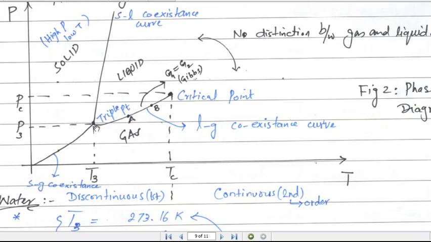Another important point to note is this point, which is known as the triple point, where all three phases can coexist. The temperature corresponding to this point is noted as T3, and the pressure is noted as P3, whereas the pressure corresponding to the critical point is noted by Pc, and the temperature is noted by Tc.